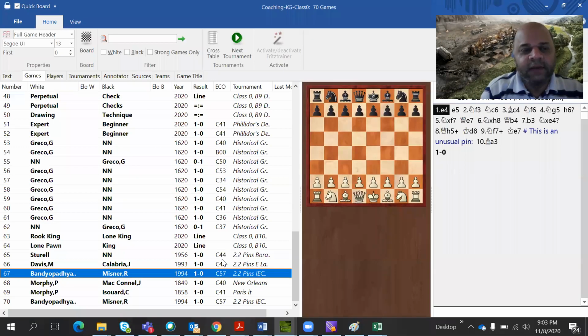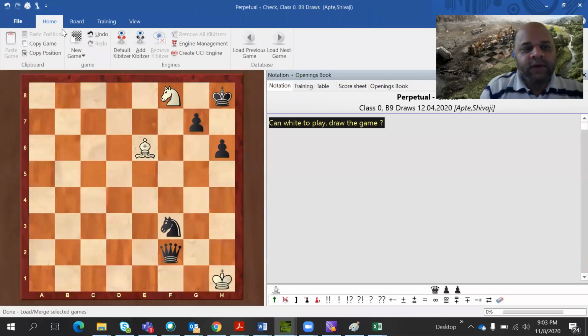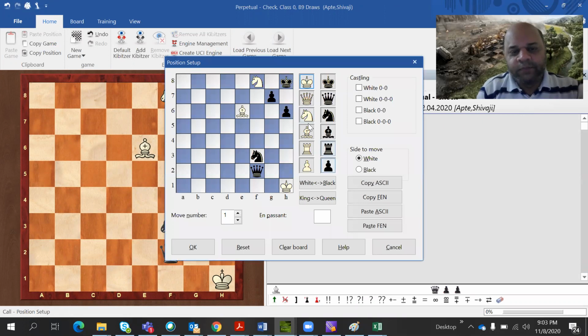For example, let us take a setup position, clear board, and white king is here and white has got a pawn here and black king is here. Let us say black king is to move.